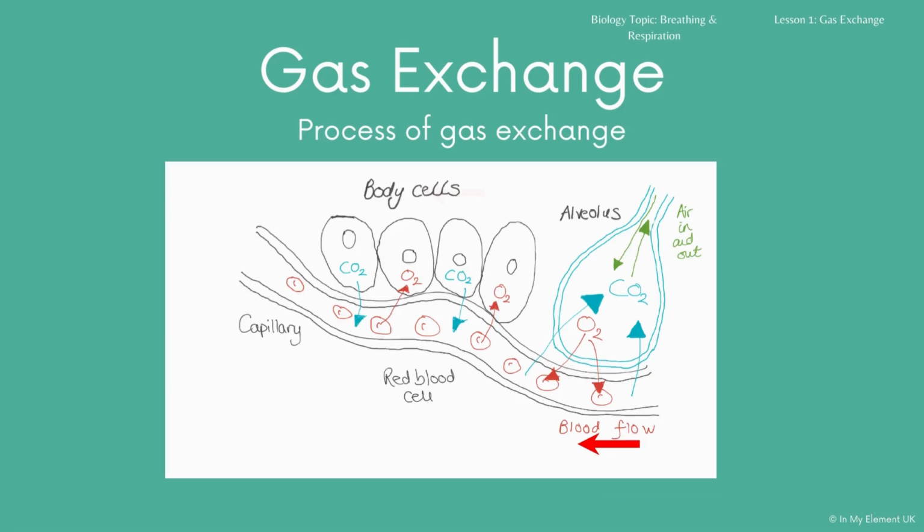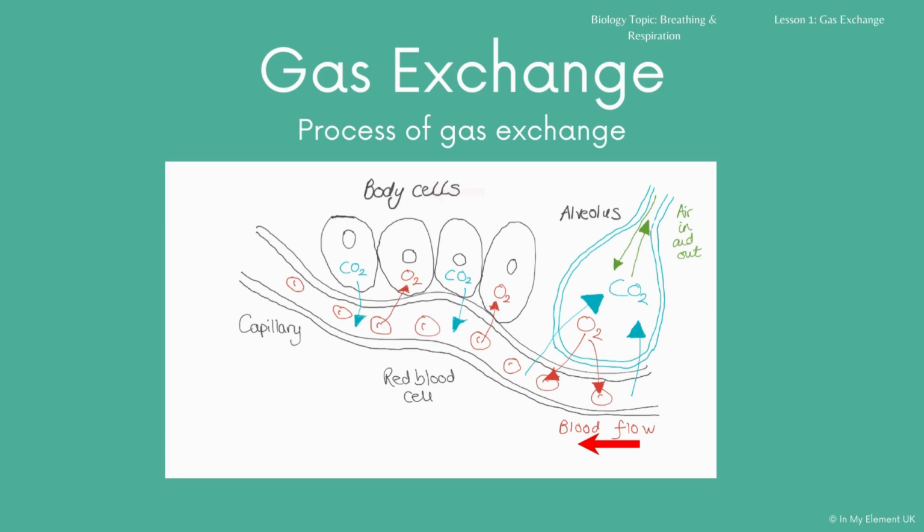So if you have a little look here, this is a diagram I've drawn you to show. So we're focusing here on the alveolus, okay? There are lots of these and the plural is alveoli, okay? Now, the air will come in and out, okay? It's the oxygen that we want to go into the blood. Blood is flowing in this direction, okay?